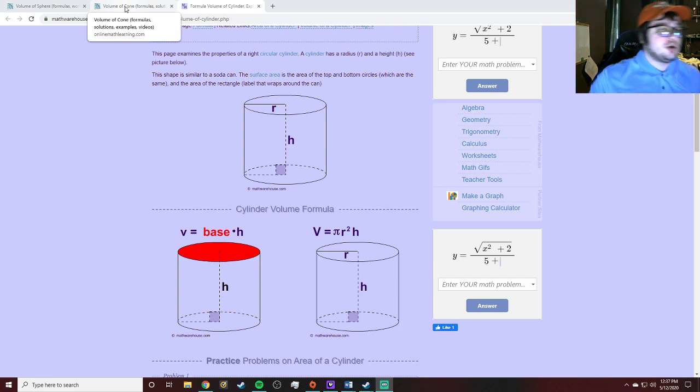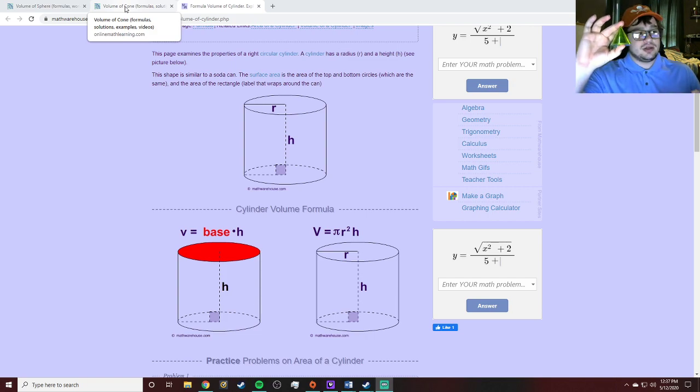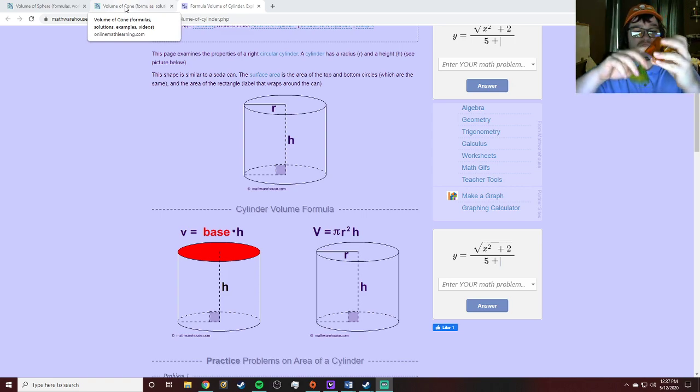In the video I showed that you could take a cone that has the same base, so the bottom end, and height as a cylinder. It's 1/3.